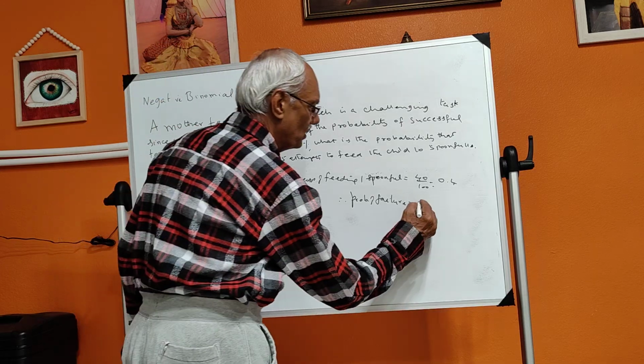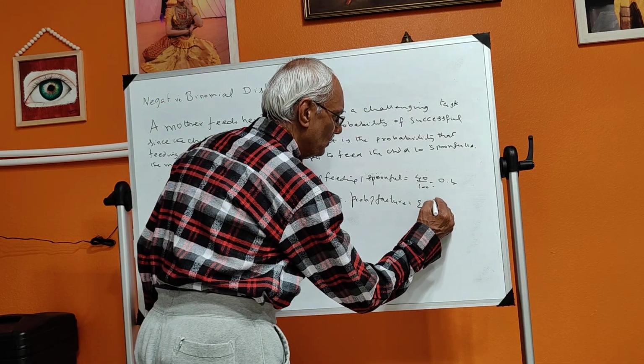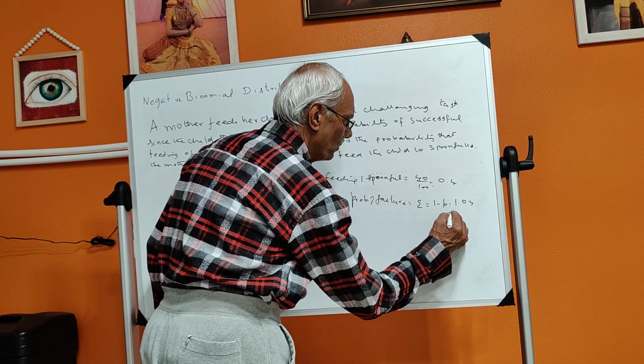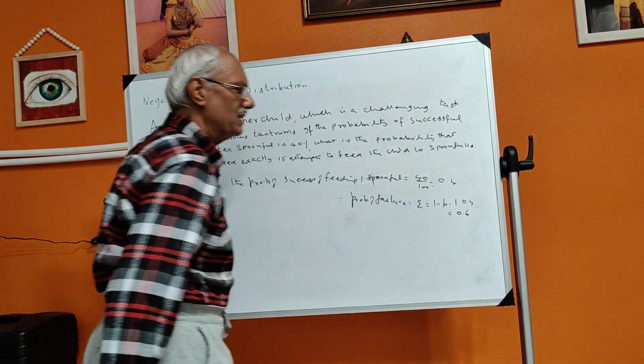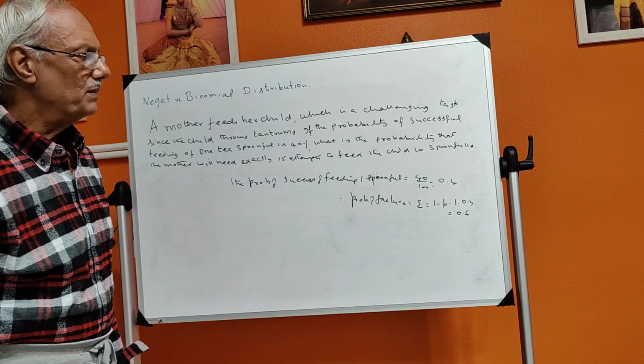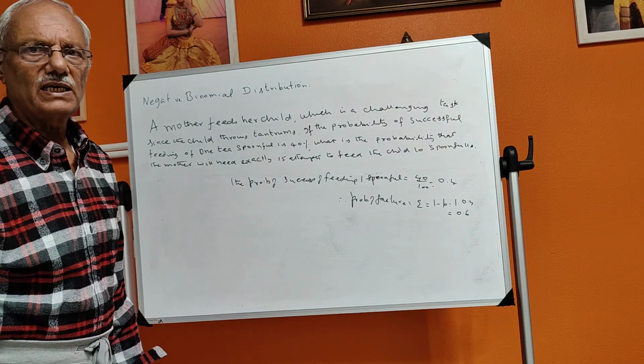The probability of failure, Q, is equal to 1 minus P, which is 1 minus 0.4, that is 0.6. So there are 0.6 chances that the child will be difficult to feed, and 0.4 chances that the child can be fed.